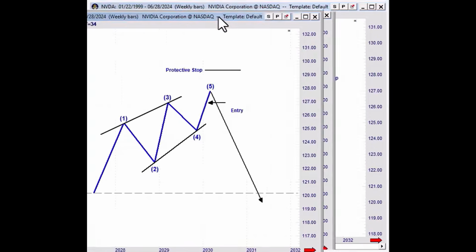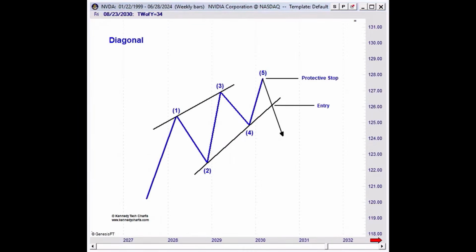Now here's another technique which is not as aggressive as what I just showed you. It leans a little more to the conservative side, but it's not conservative enough for me. What you're looking for is closing price action below the 2-4 trend line. So you see the 1, 2, 3, 4, 5, you start to come down, and then you get closing price action under that 2-4 trend line.